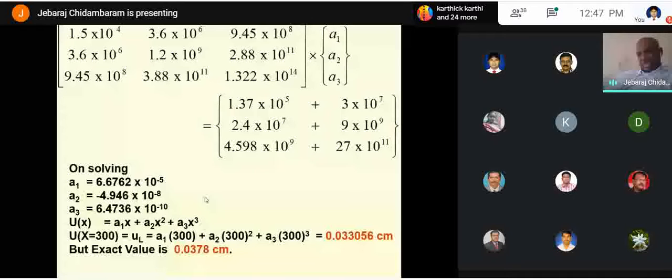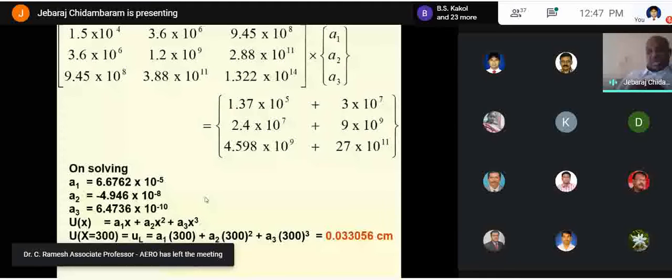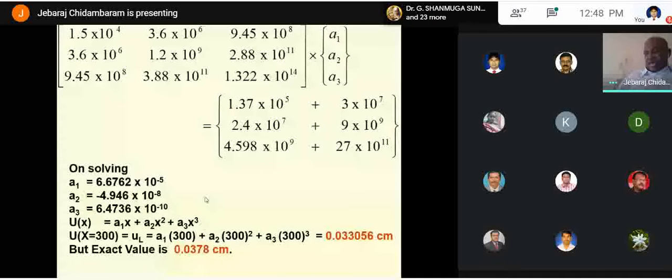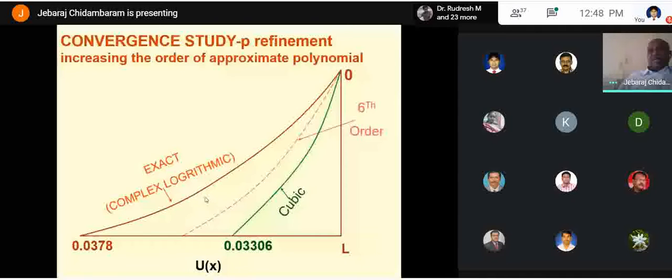In cubic approximation, there is a naught plus a1x plus a2x squared plus a3x cube. If I have sixth order instead of cubic, with a4 x power 4, a5 x power 5, a6 x power 6, now it will be improving. In the sixth order, tenth order, it is still improving.